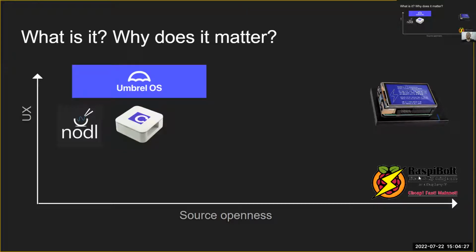Raspibolt is just a repository with shell commands where you take your Raspberry Pi with your hard drive, run these different shell commands, and build your Bitcoin Lightning Network node yourself. So on the user experience level, it's pretty low. It's really hard to do.